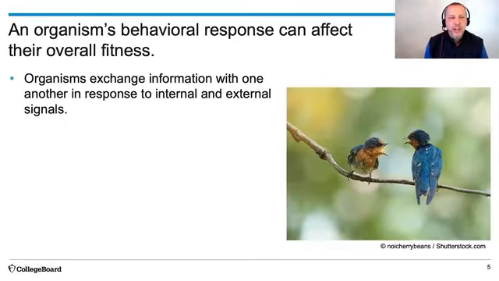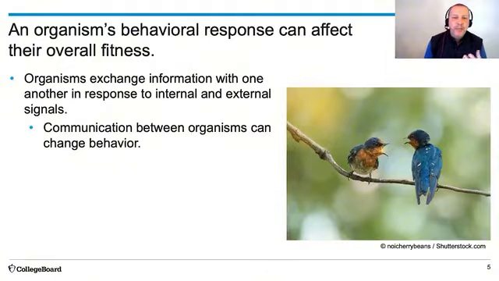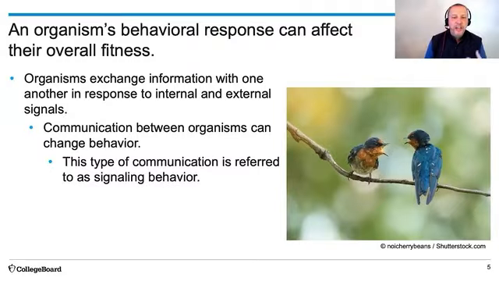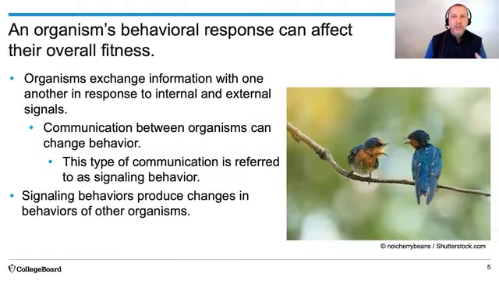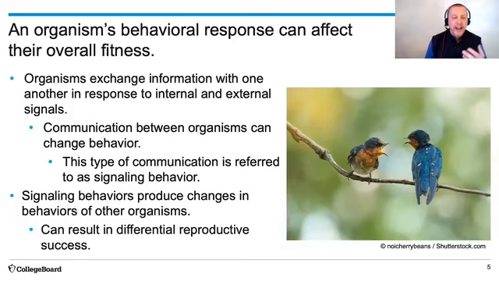Organisms exchange information with one another in response to internal and external signals. Communication between organisms can change behavior. This type of communication is referred to as signaling behavior. Signaling behavior produces changes in behaviors of other organisms and can result in differential reproductive success.